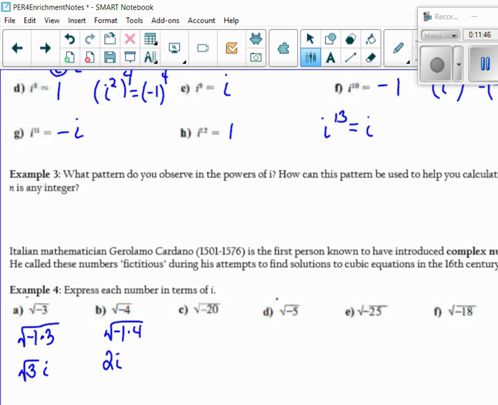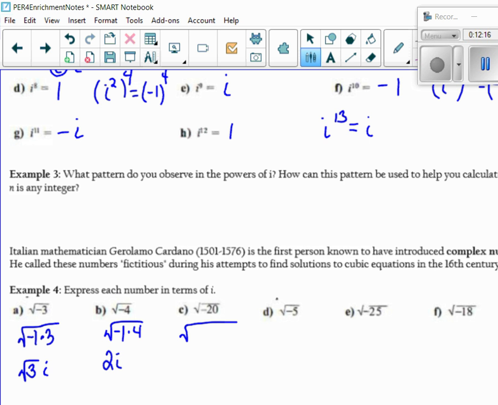Okay. So the square root of negative 20. I should have actually taught this once we know how to simplify roots, but you'll get a quick lesson pretty fast. Can you think of a perfect square that goes into 20? 4.